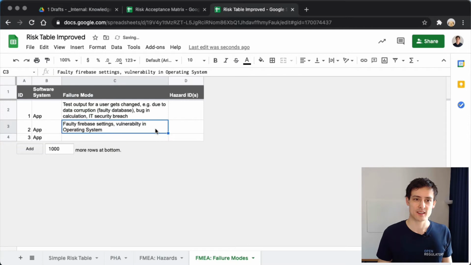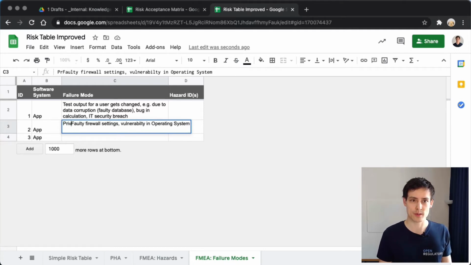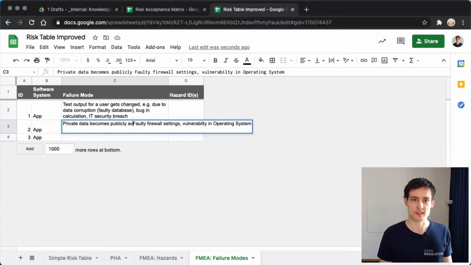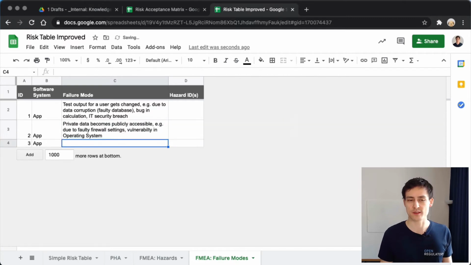Firewall, sorry, Firebase is something slightly different. Vulnerability in operating system, and then you could say, yeah, private data becomes publicly accessible, e.g. due to this stuff, right? So that's a potential failure mode.